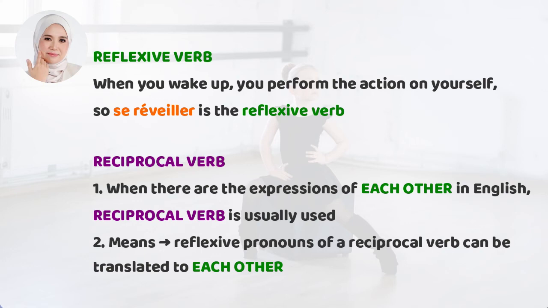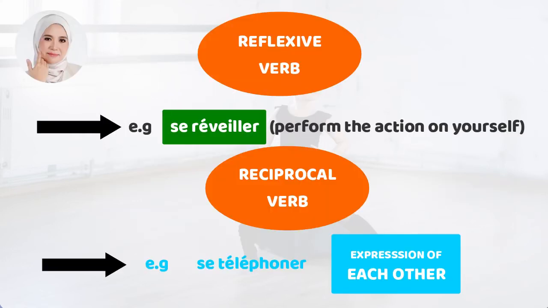Here is the clue. When there is the expression each other in English, a reciprocal verb is usually used. Now we call each other. Remember the verb se téléphoner? We call each other. So that's why se téléphoner is a verb pronominal in the category of reciprocal verb.